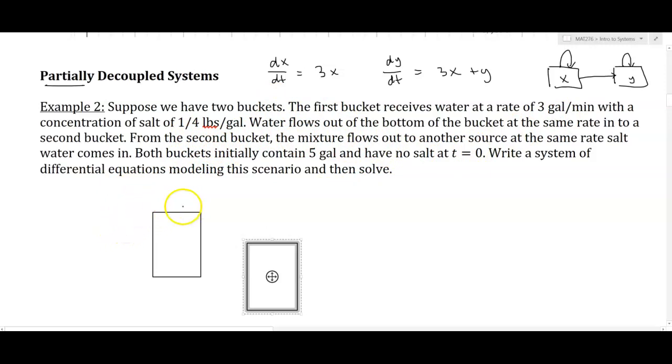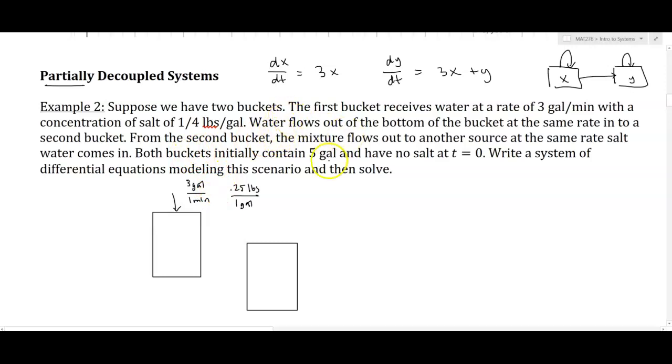It doesn't really matter where we draw this arrow, but we have 3 gallons per minute concentrated with 1/4, or 0.25, pounds for every 1 gallon. So if 3 gallons come in every minute and you get 1/4 of a pound of salt for every gallon, in 1 minute you're going to get 3/4 pounds, which comes out to 0.75, the same thing as multiplying these together.